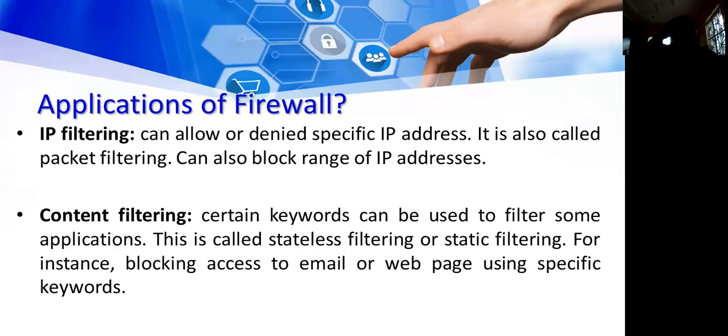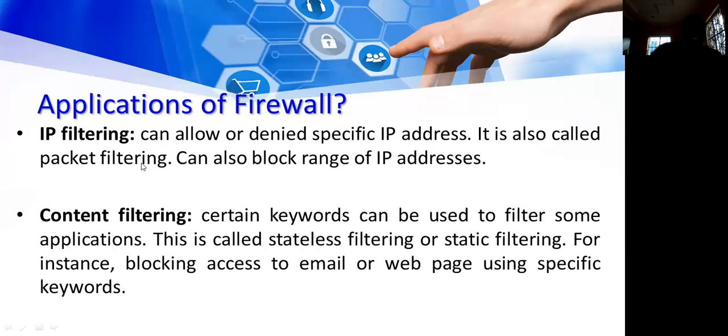Another application of a firewall is what we call IP filtering. IP filtering, the IP address, which in this case is the logical address. It's not a physical address this time. It's not a MAC, it's IP. And at layer 3, which is the network layer of the OSI model, you can use your IP for communication on the network.